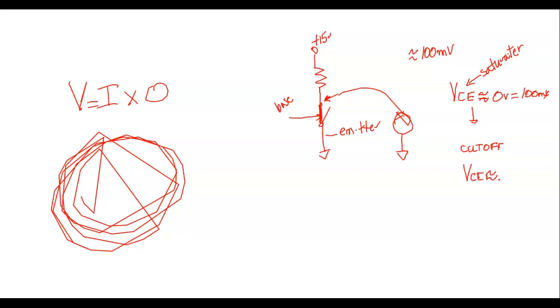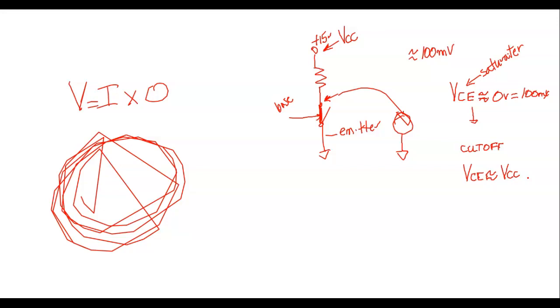By the way, this power supply has a name, and we talked about it the other night. We call it VCC, voltage collector power, right? So this should measure approximately VCC. Will it be exactly VCC? No, but it's going to be real close.